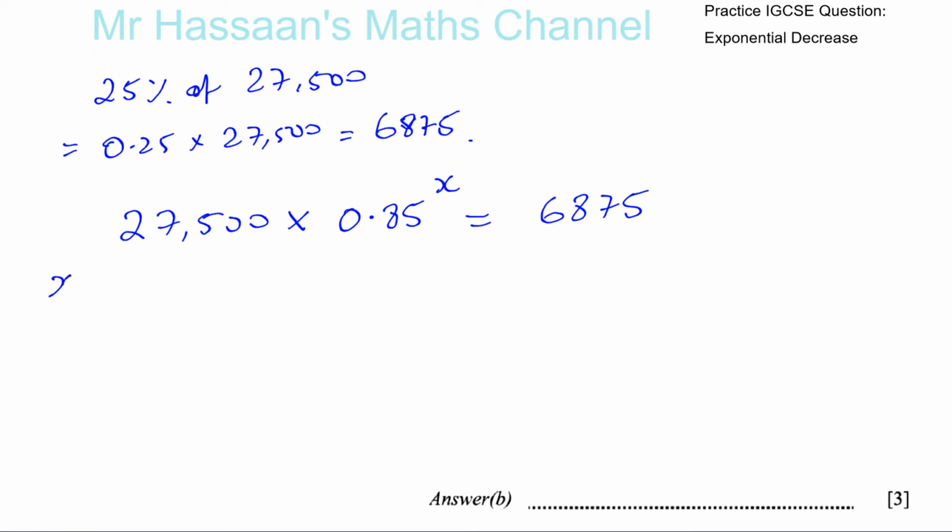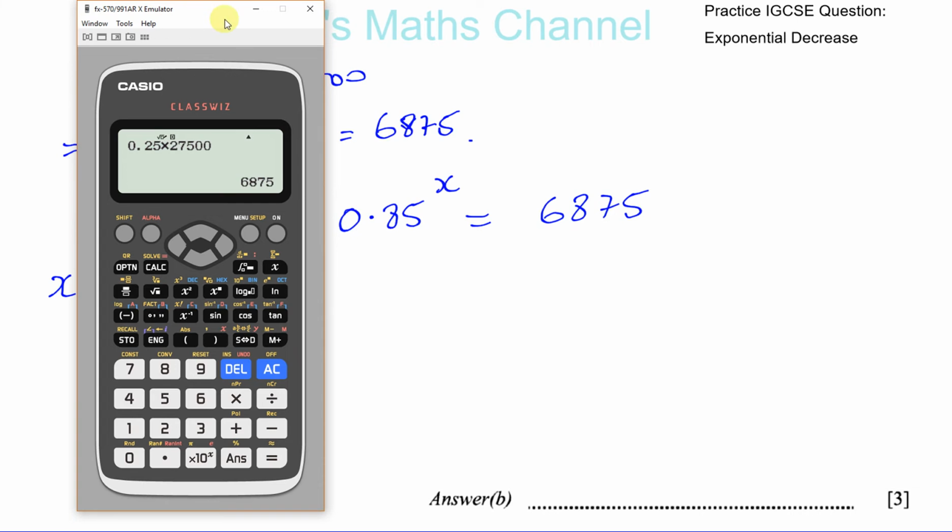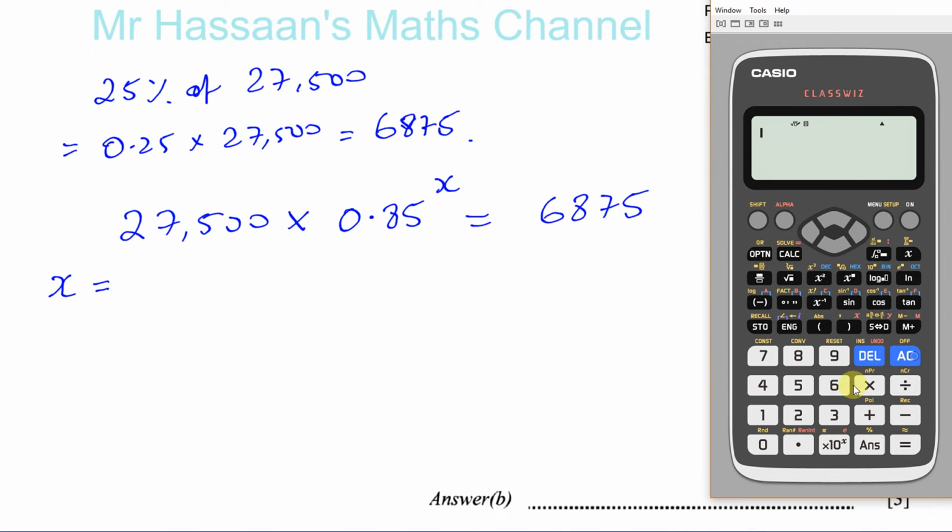So you just set up your calculator in the following form. 27,500 multiplied by 0.85 to the power of, and you try something. For example, let me just try 10 and see what I get.